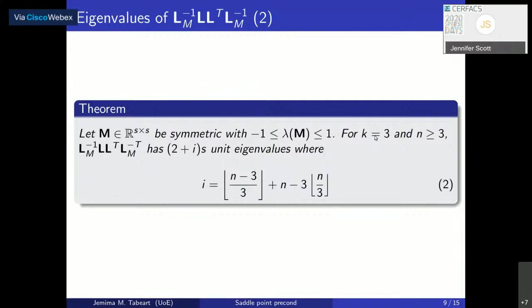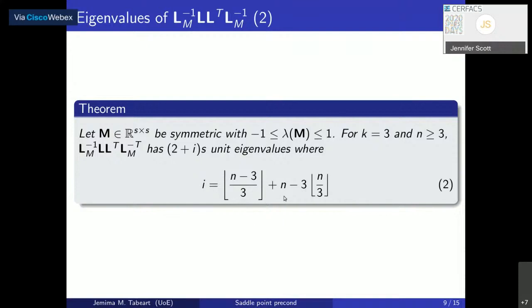So if I have k is 3, skipping every third block, and I have at least 3 subwindows, then this product has 2 plus I times S unit eigenvalues. So I is this expression here, which looks a bit complicated, and I've got some results a bit later. But basically this will increase with n, not monotonically.